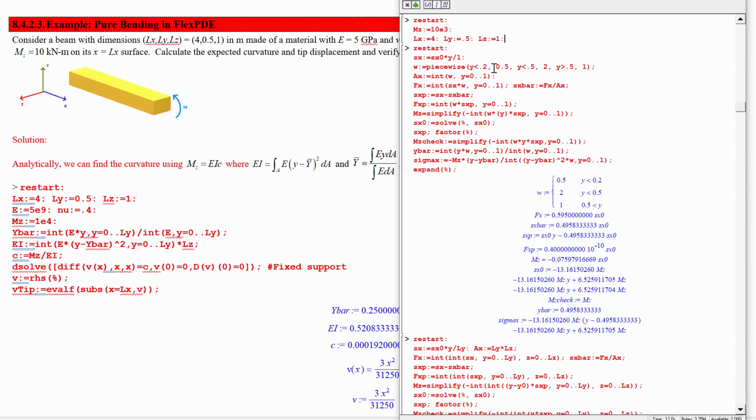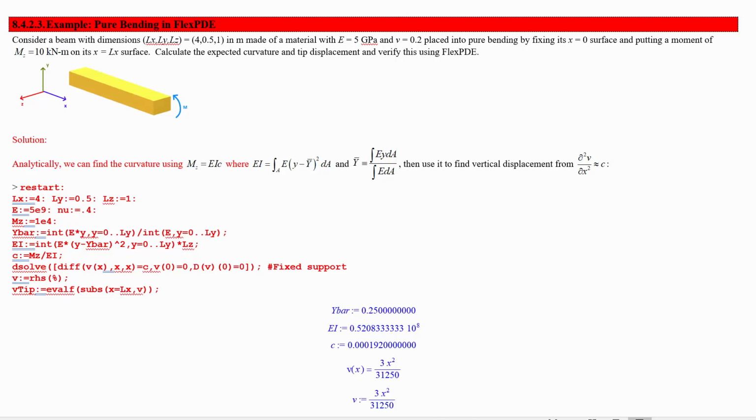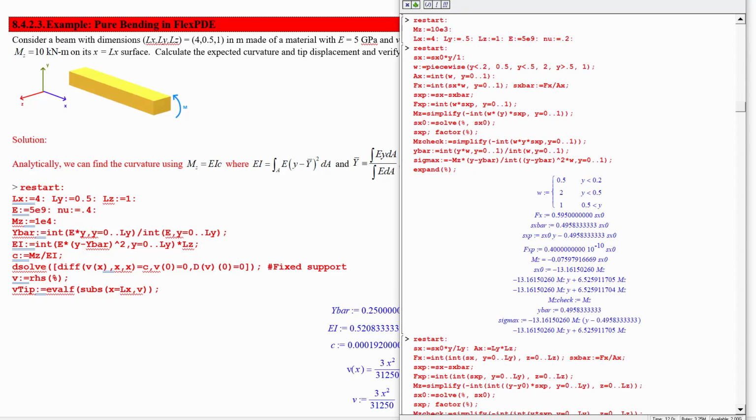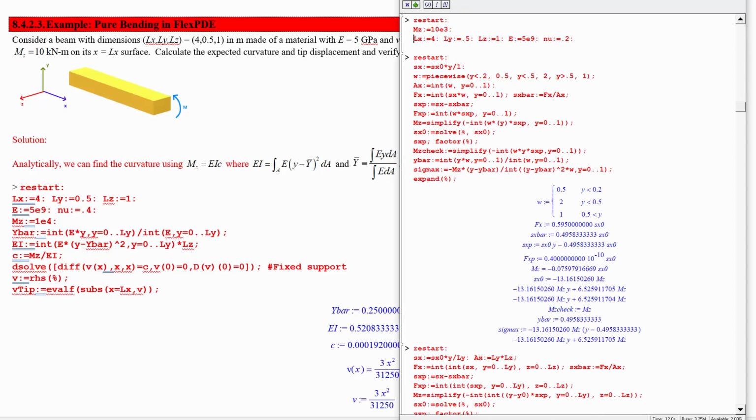Lz is 1 in meters, so kind of a wide beam here, quite large dimensions. And the material E is equal to 5E9, and nu is 0.2. And we're going to place it in pure bending.